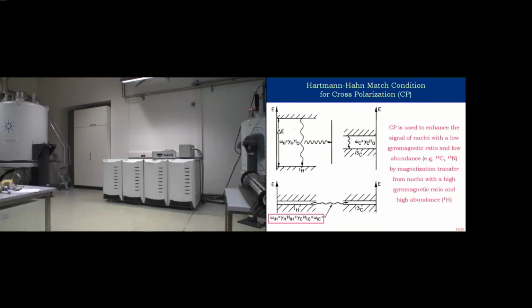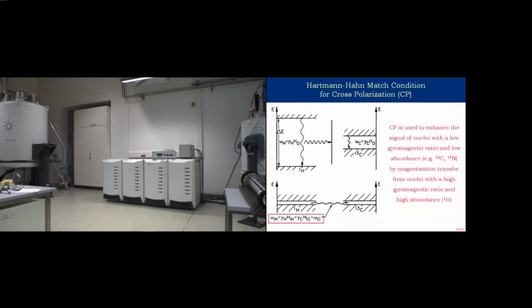The field B1 changes the distance between two levels on the proton, and because the proton is much more populated, it transfers its population state, enriching the population in the carbon reservoir.